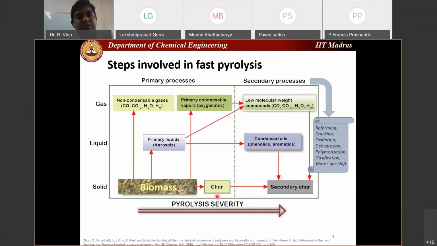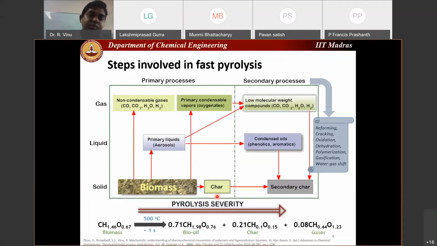As three different phases are involved, you get three different products: solid char, liquid oil or pyrolysis oil, and the gas phase, non-condensable gases. Based on the severity, the product distribution can vary, and hence you can decide what kind of products you want from the pyrolysis process.